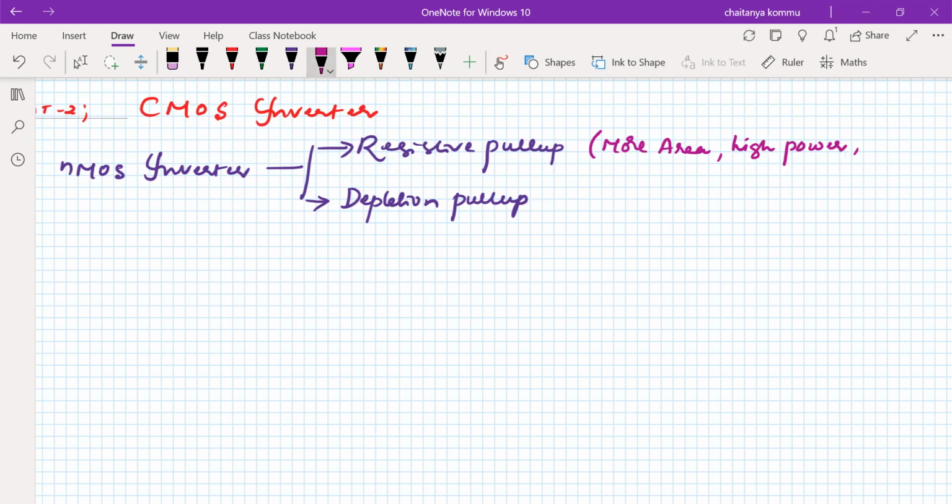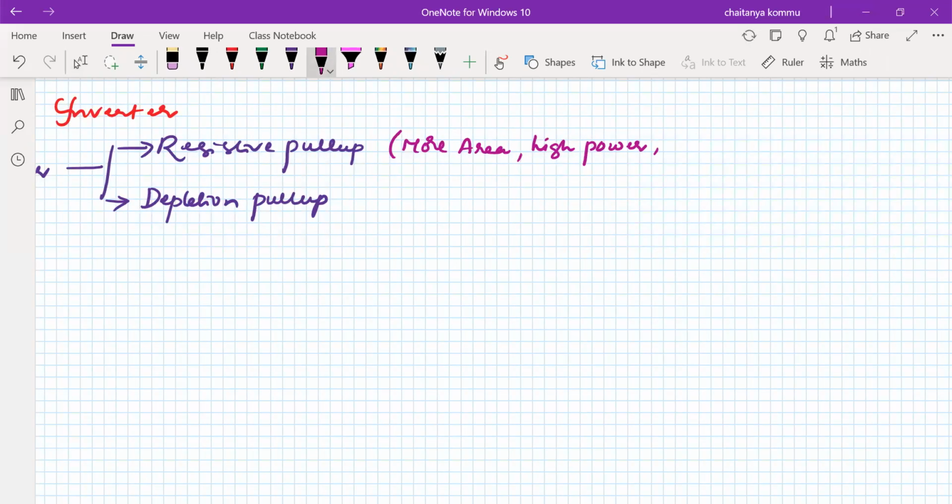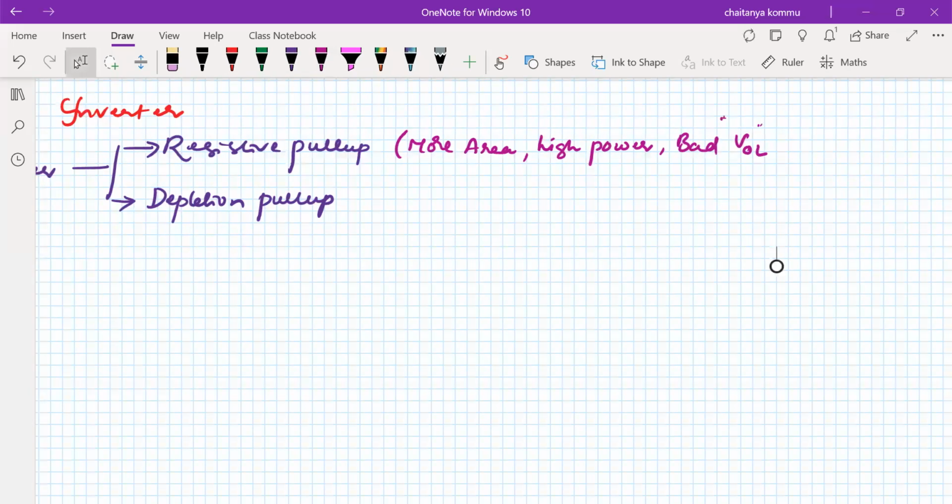And most importantly, another one is a very bad VOL, the output low value. That means when we apply a logic high value at the input, we are not getting the logic low value, which should be 0, but it is not happening. So this problem can be avoided most preferably.